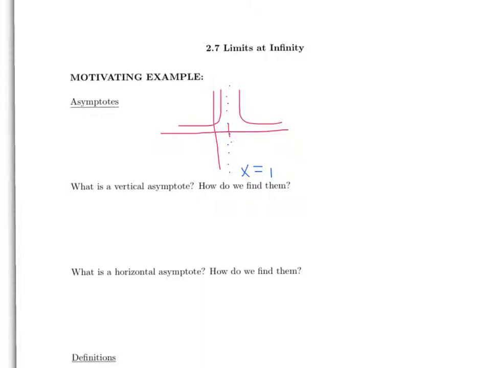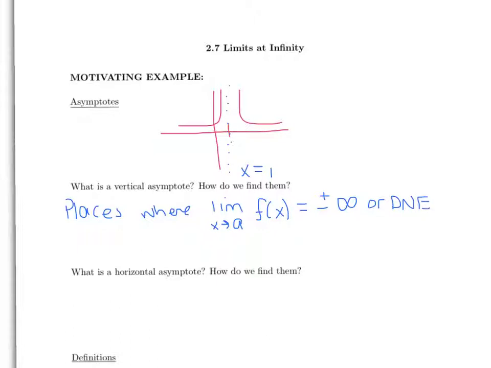We find those where the limit as x approaches some a of our function equals plus or minus infinity, or does not exist, in the sense that one side goes to infinity and the other goes to negative infinity.